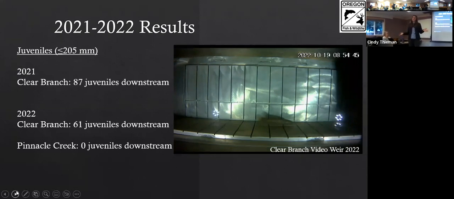It's also really hard to tell them apart from one another, they all kind of look like that. But anyways, that's just what we saw. And we didn't see any juveniles moving downstream in Pinnacle Creek, which again, is not super surprising. It's not to say they're not there. We're just really not documenting their movement with this system.